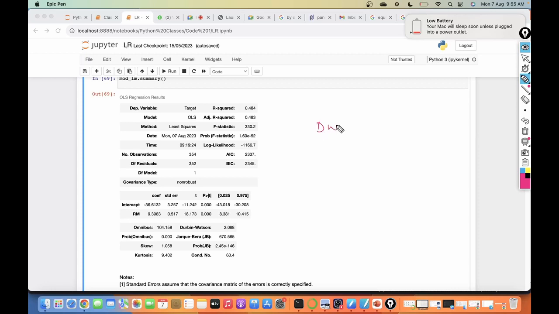If the Durbin-Watson value is equal to 2, then we say no autocorrelation. But if it is between 0 and 2, which implies positive autocorrelation. And if it is more than 2, between 2 and 4, then we will say it is negatively autocorrelated.